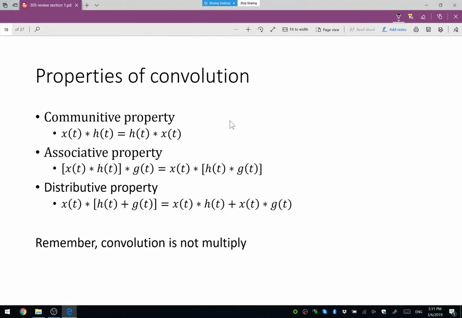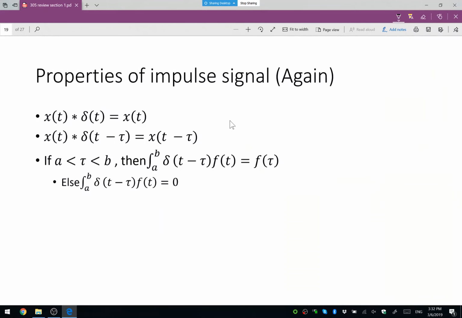But just to remember, convolution is not dot product, even though the math looks pretty similar. You can forget this page after a few minutes, but remember, convolution is not product, not multiply.